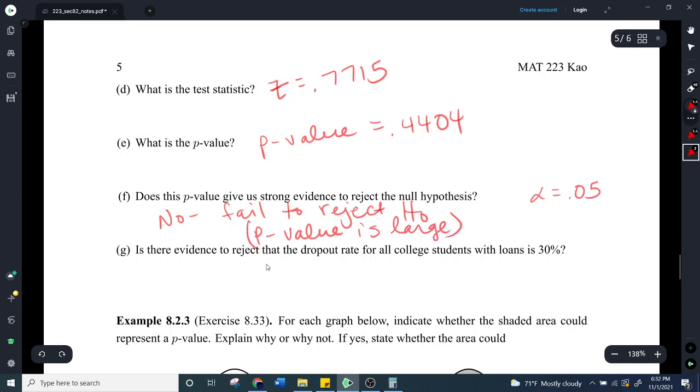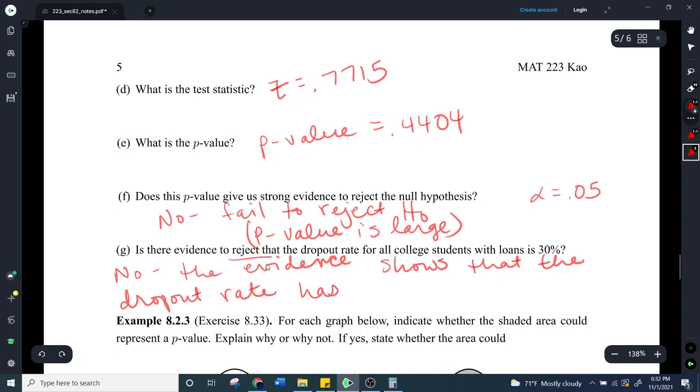Is there evidence then to reject that the dropout rate for all college students with loans is 30%? No, we're not going to reject that. So this means the evidence from our sample shows that the dropout rate has not changed from the 30%.